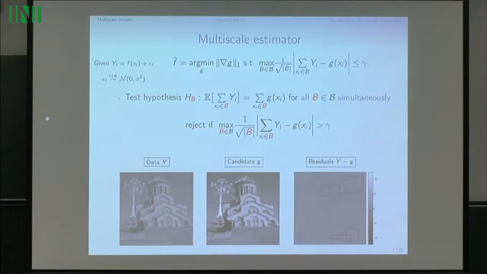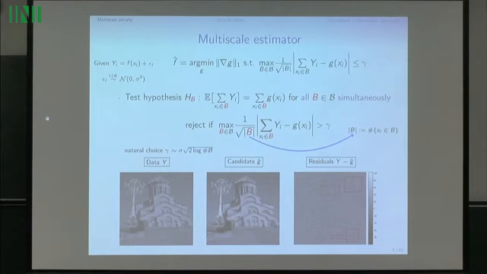Another good thing is that you have here this 1 over the square root of the cardinality of the set B, so you have to weight all these local averages properly, so that they are all matching.